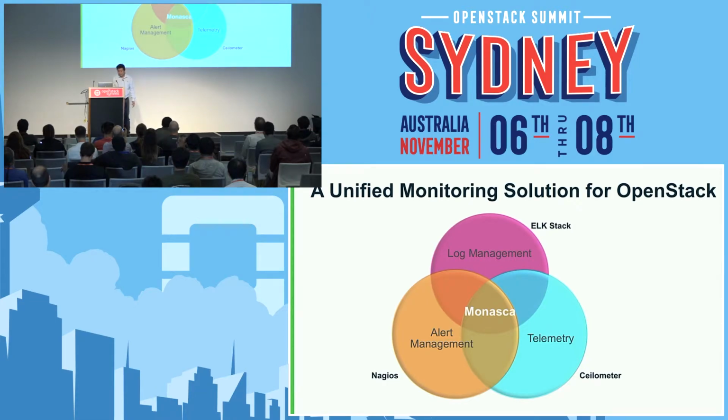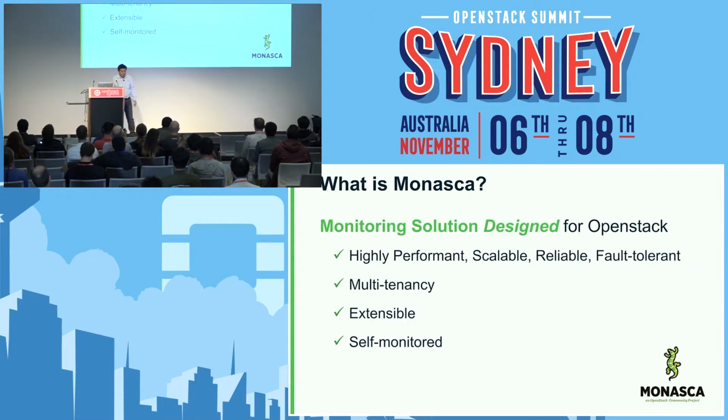So what is Monasca? Monasca is designed as monitoring as a service for OpenStack and is built to be scalable using a microservice-based architecture to make it highly performing, reliable, and fault-tolerant, making sure it won't break down easily, even if it needs to digest a lot of incoming data to monitor your environment.